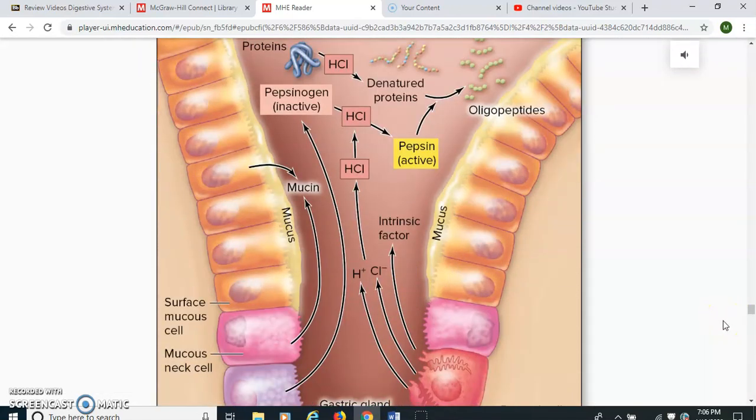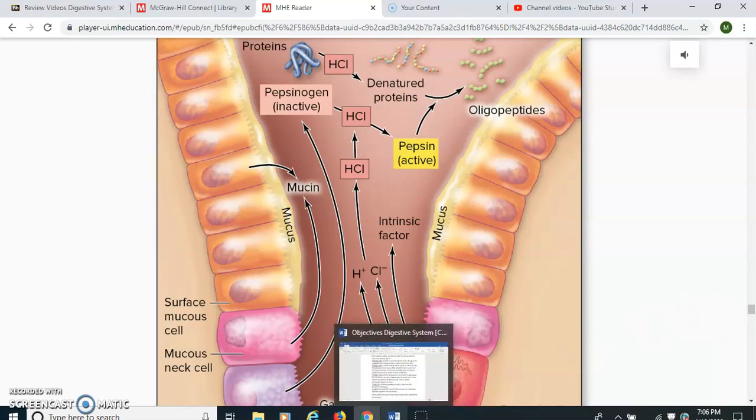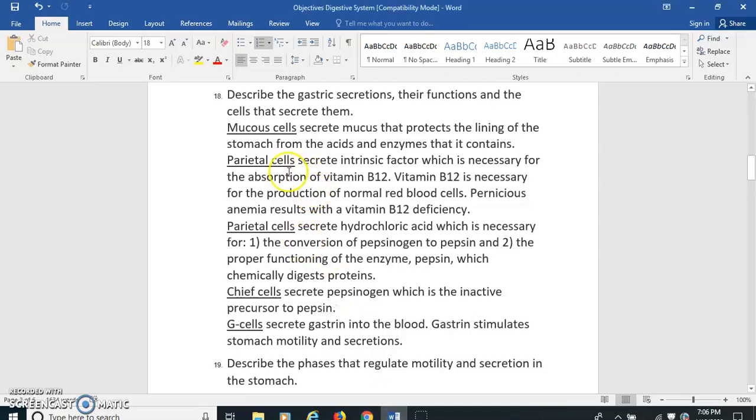All right. Now I'm going to take the information about the parietal cells a little bit further, because parietal cells secrete the hydrochloric acid, but hydrochloric acid is necessary for two things. We want to make sure that we talk about those two things.